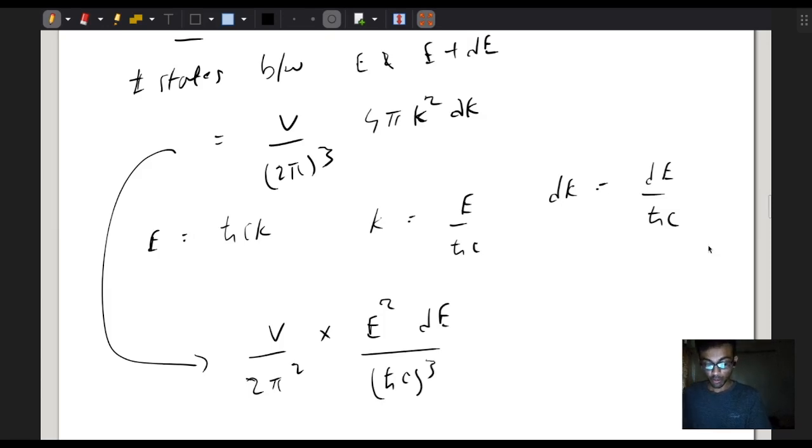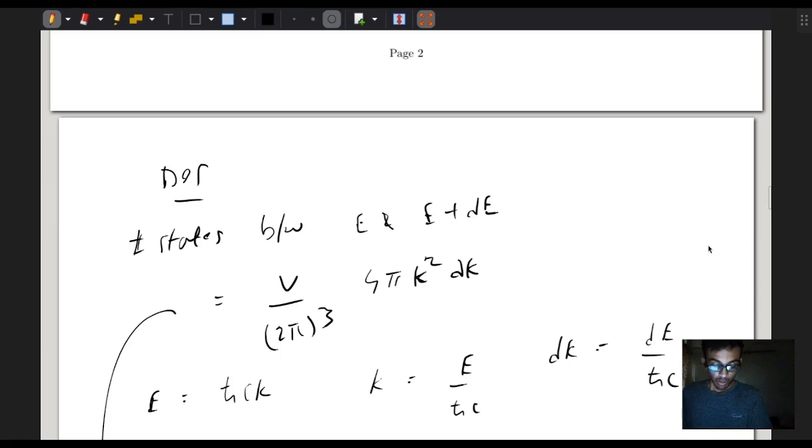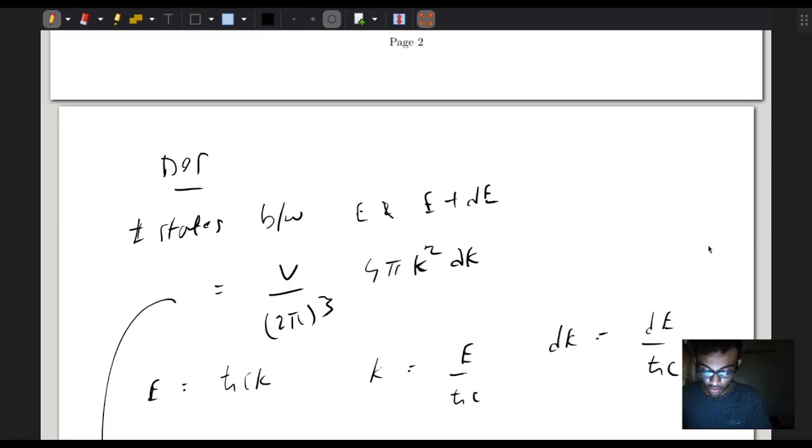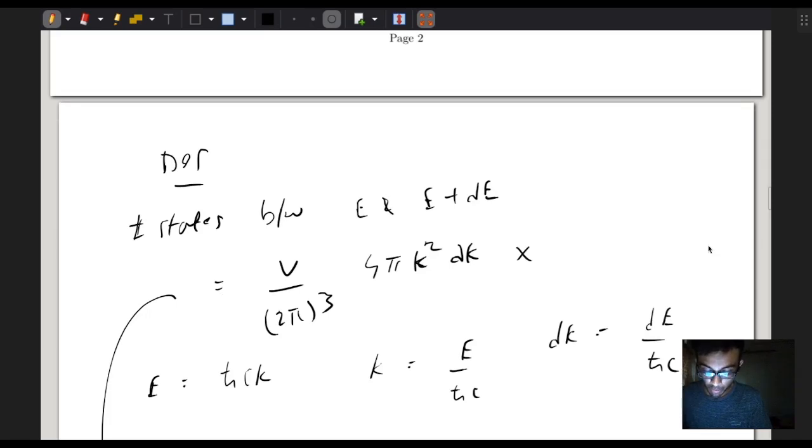This is for a single polarization, but we have two possible polarization states for a photon, so the density of states has to be multiplied by 2.